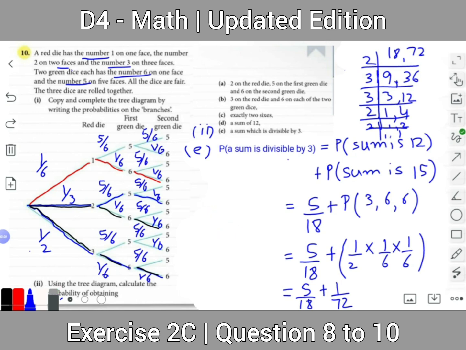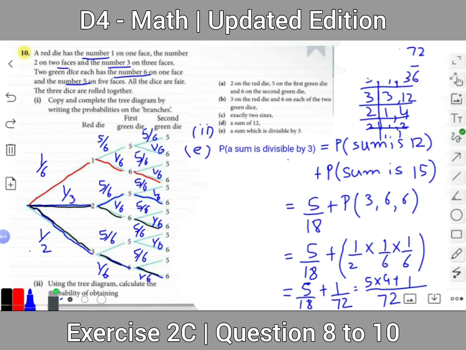Now we have the LCM 72. Now we're using the butterfly rule. Since 18 fours is equal to 72, so 5 multiplied by 4, add 72 ones is equal to 72. So here we have 1.